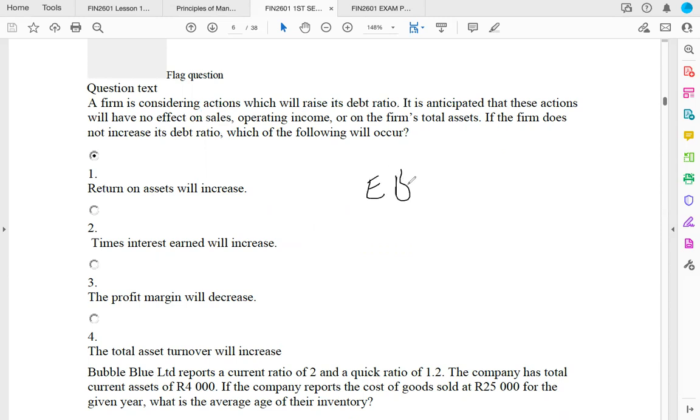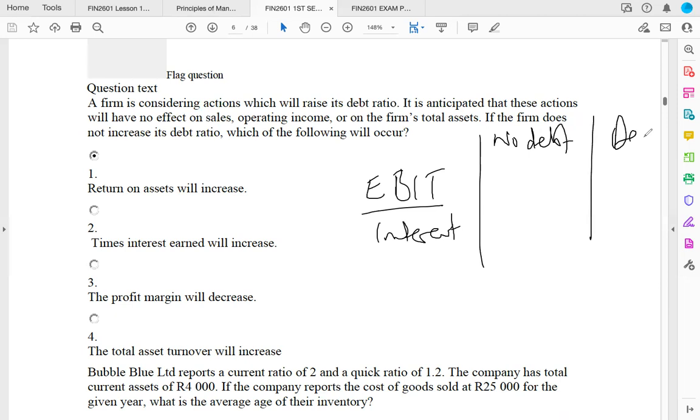Now, we know that the times interest earned ratio is equal to EBIT divided by interest. We've been told that with no debt issued and with debt issued, the EBIT is going to be the same. It's not going to change. That's what we've been told here. The issuing of debt will have no effect on the operating income.